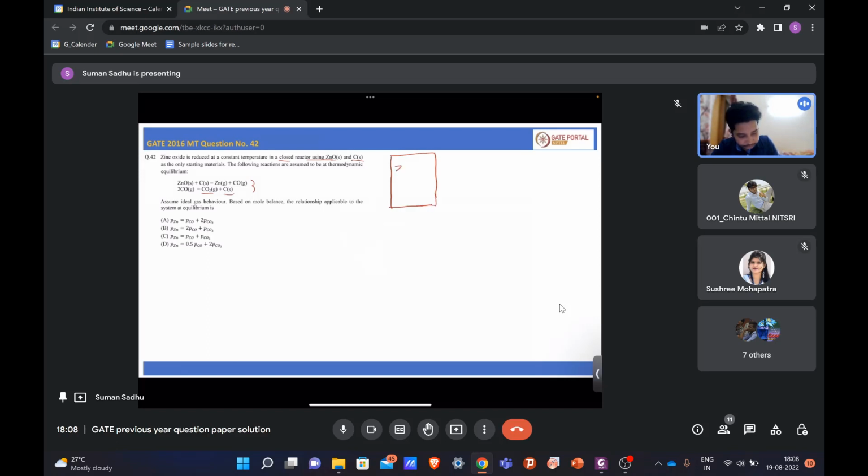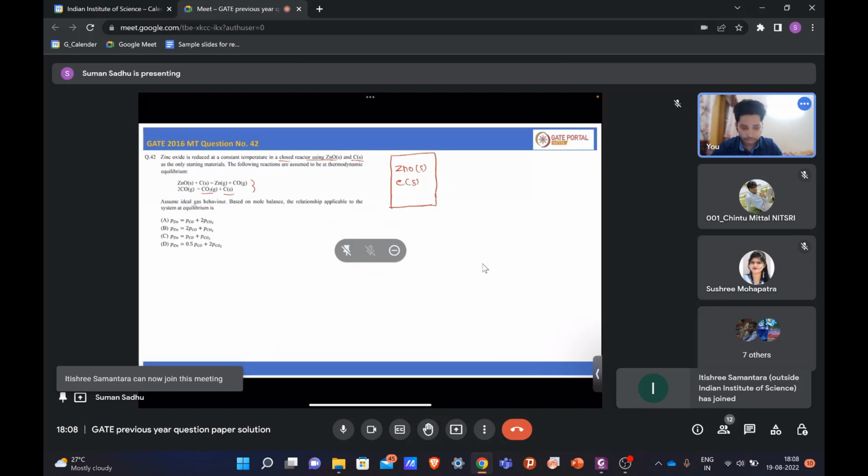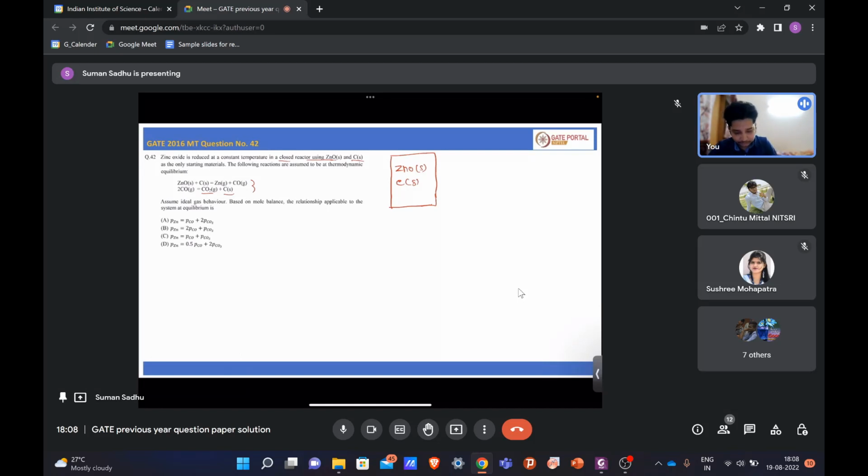At the start, only ZnO in the solid form and carbon in the solid form were there. Then these two reactions are happening inside this closed reactor, and because of these reactions, what will be the different compounds present at the equilibrium?